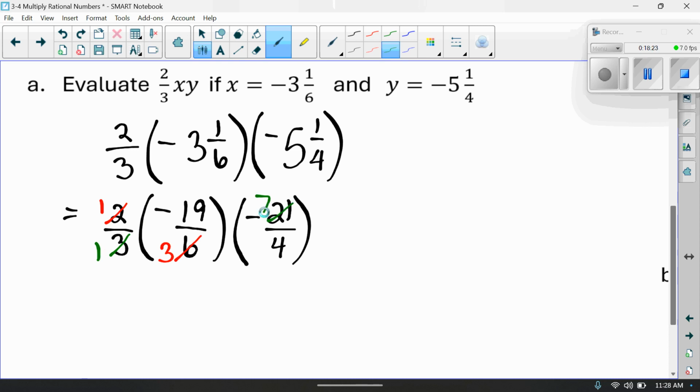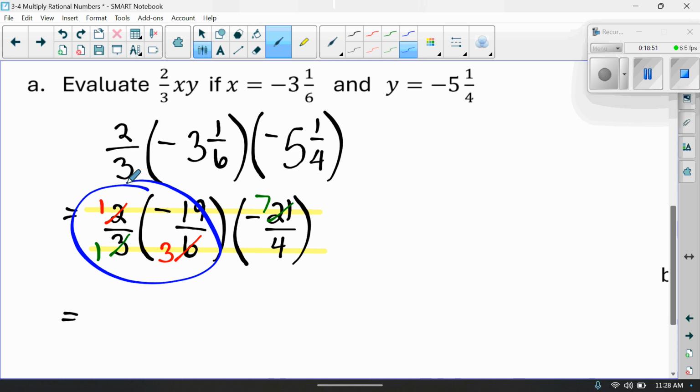Very good. Since we're all done simplifying, we can multiply straight across. Is everybody with me? All right, and you're going to use your calculators to help you. But before we do that, what's my sign going to be? So here this is positive times negative, right?